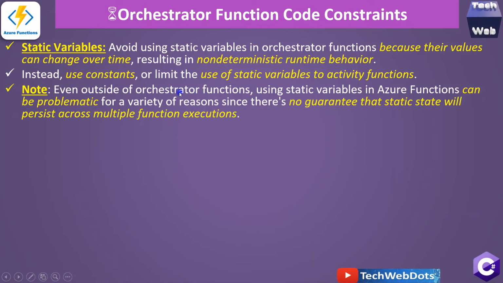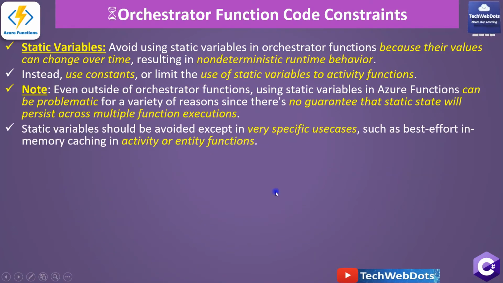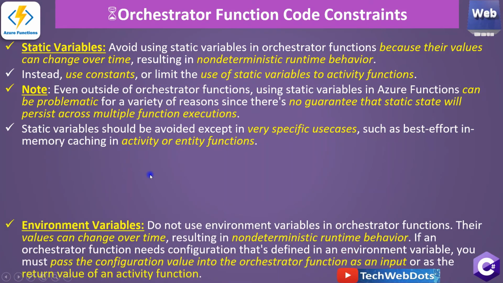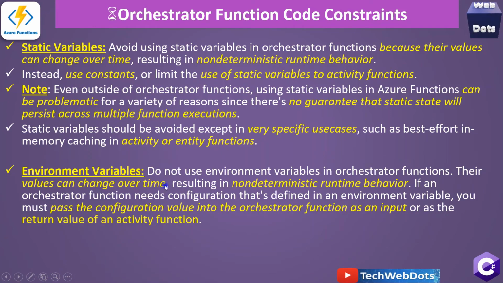Note, even outside of orchestrator functions, using static variables in Azure Functions can be problematic for a variety of reasons, since there is no guarantee that static state will persist across multiple function executions. Static variables should be avoided except in very specific use cases such as best effort in-memory caching, or in activity or entity functions. Another important part is environment variables.